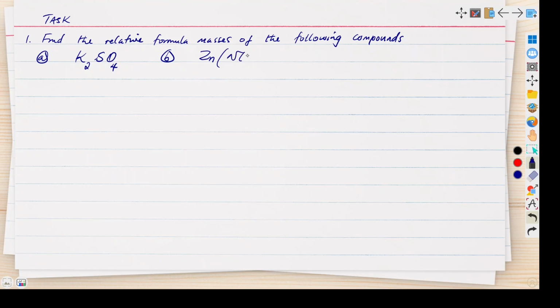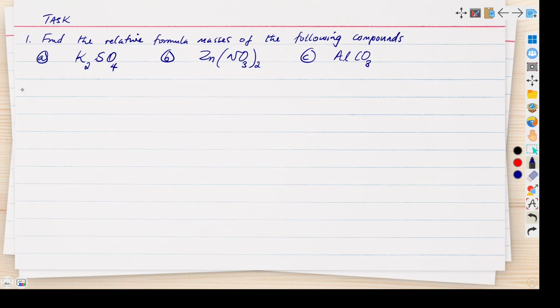Then C, you have ammonium aluminium carbonate. Aluminium carbonate will just be like this, I think.